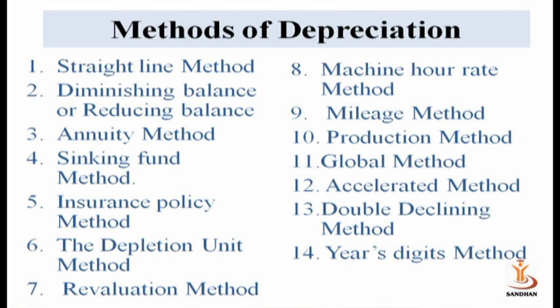As per the Companies Act 2013, with recent amendments, apart from the method used, now the useful life of the asset is mainly the focus, on which the depreciation is calculated.